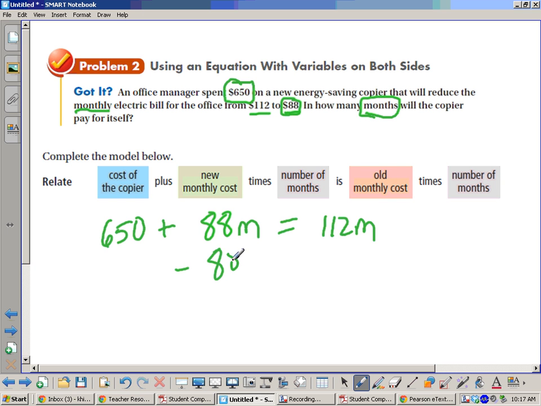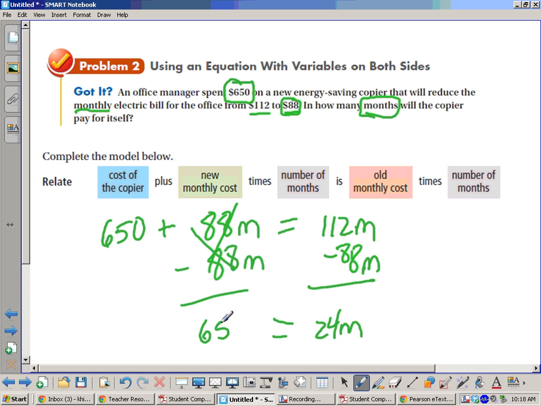So we're going to just combine like terms here by subtracting. Anytime we have two variables on opposite sides, we're going to remove this 88m by subtracting. So that drops it from this side. So we're going to take 112 and subtract 88 and get 24m. So there's a $24 cost difference, and we have to figure out how many months. So we're going to divide by 24 in this problem.